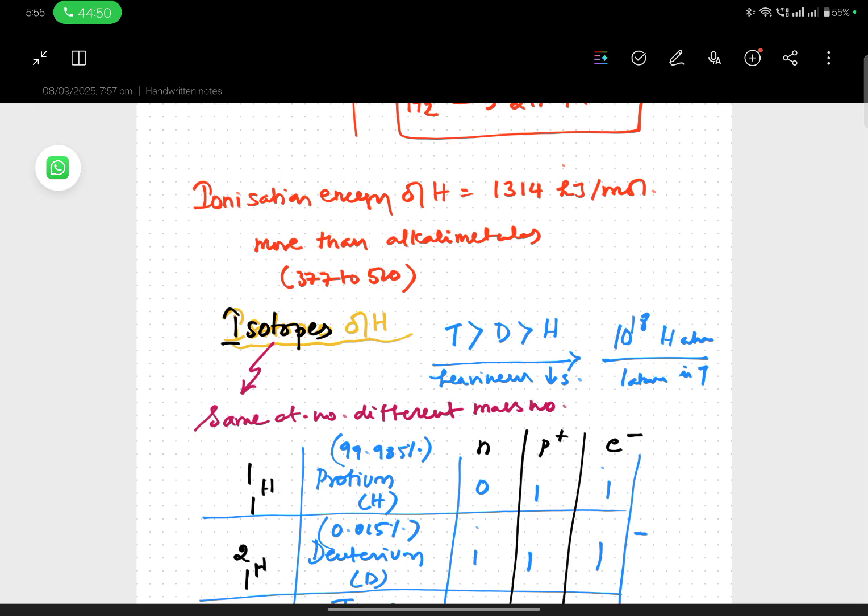For whom is that? Ionization energy, for whom? Hydrogen. You are saying it wrong. The ionization energy of hydrogen is 1314 kilojoule, which is more than alkali metals, where alkali metals will have 370 to 520. The notes are a proper idea.